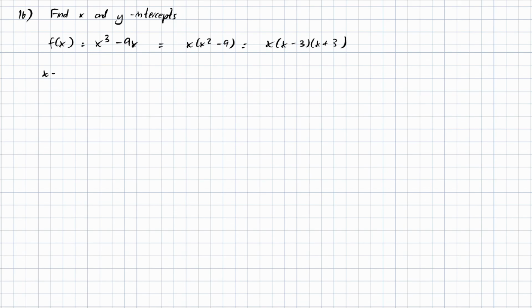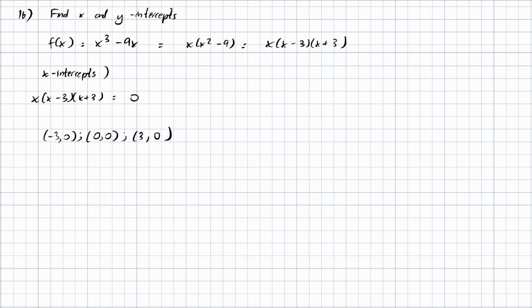Anyways, x-intercepts. Okay, x-intercepts is when it crosses the x-axis, which means my y is 0. So x times x minus 3, x plus 3 equals 0, which means I will have, oh, I'll write it in order: negative 3 comma 0, 0 comma 0, 3 comma 0.